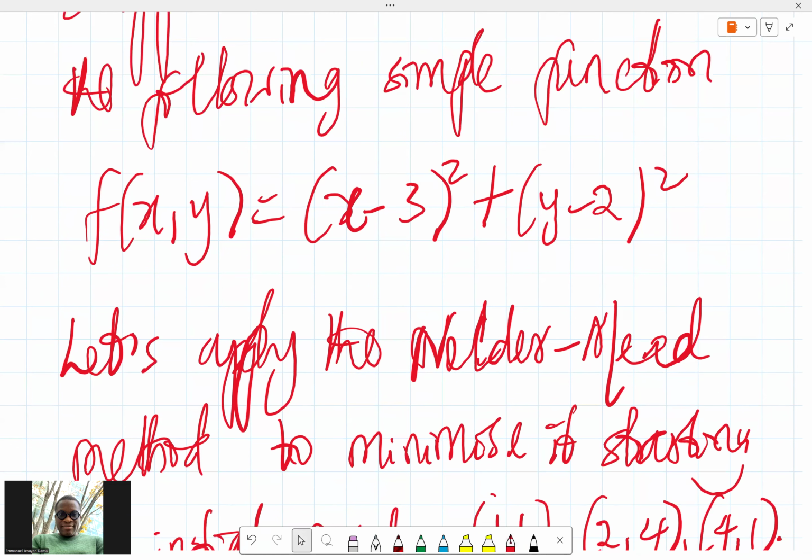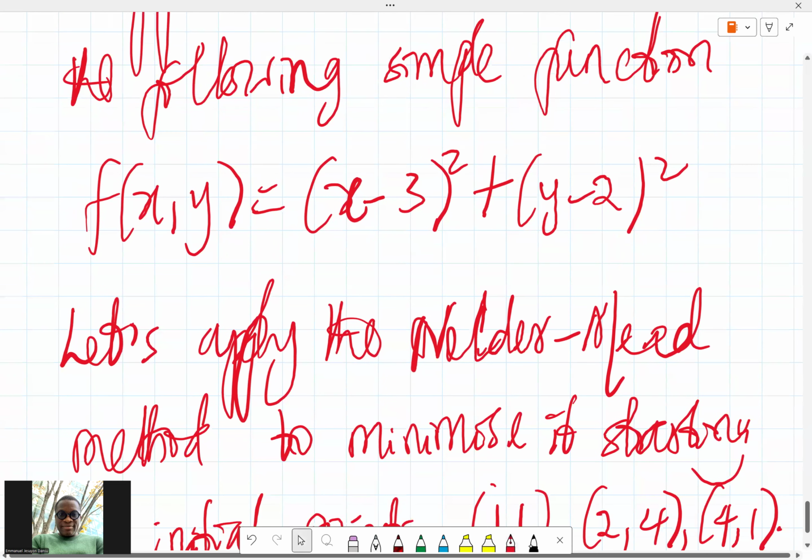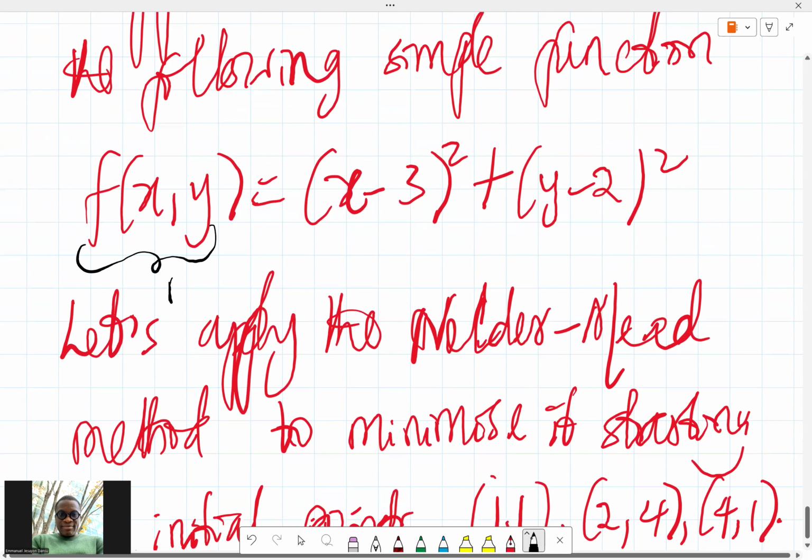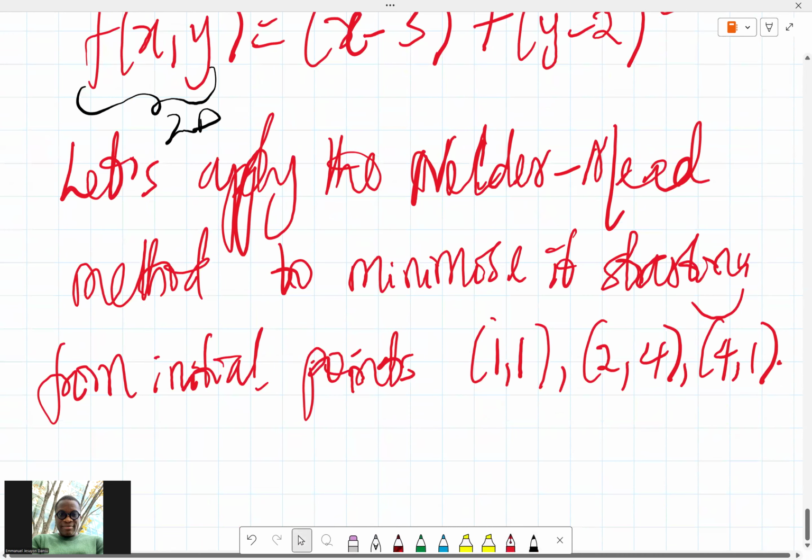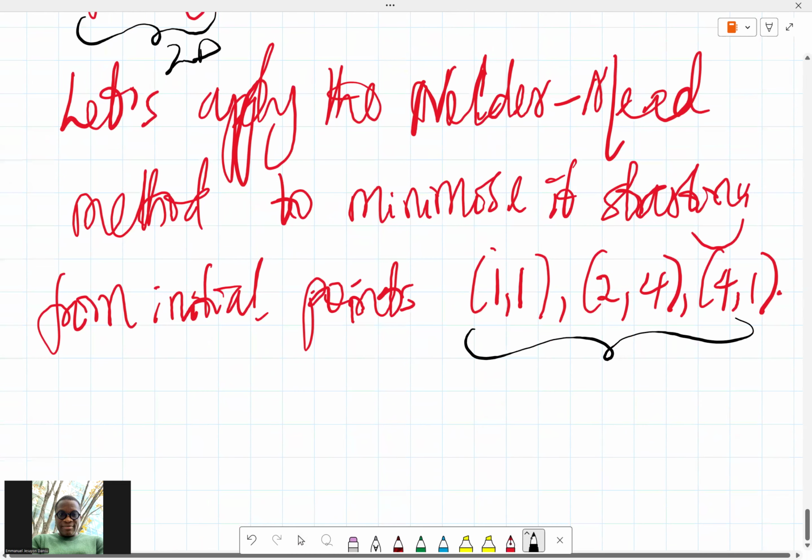Like we said, this is x, y, so this is two-dimensional, 2D, because we're talking about x and y. As a result, the starting points are going to form a triangle, just like we said previously.